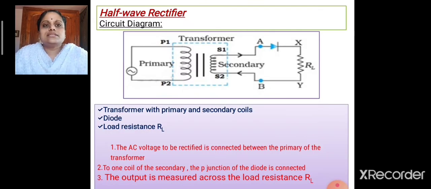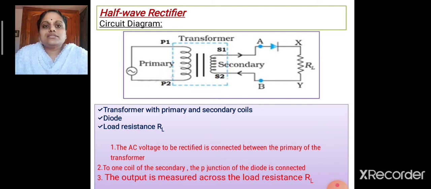Now let us discuss in brief the function of a half-wave rectifier. The circuit diagram is as given below. It has a transformer, and the primary of the transformer is connected to the AC voltage and the secondary is connected to a diode and a load resistance.